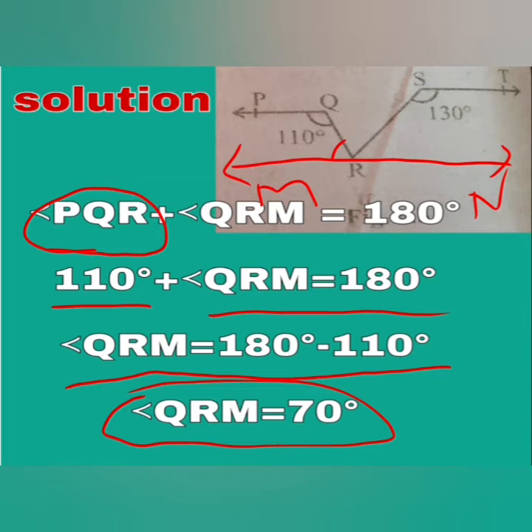So we got the value of angle QRM for the first pair of parallel lines, PQ and MN. The same thing we are going to apply for the second pair, ST and MN, which are parallel to each other. Using that we find angle SRN, which is a co-interior angle.